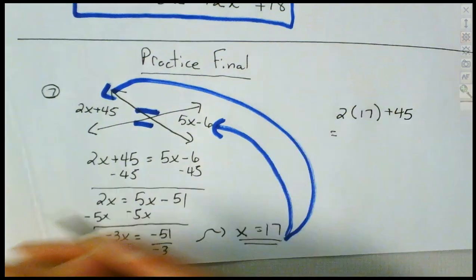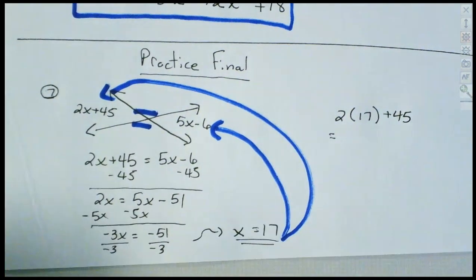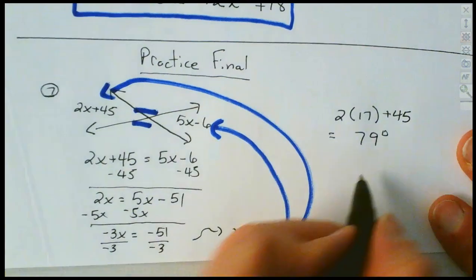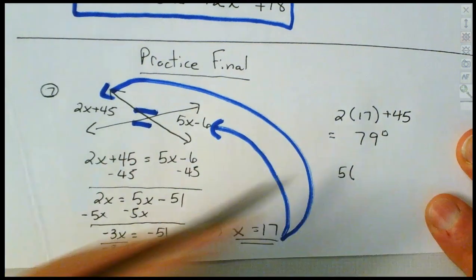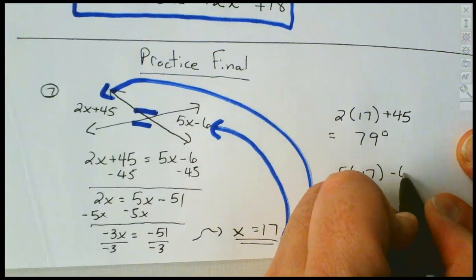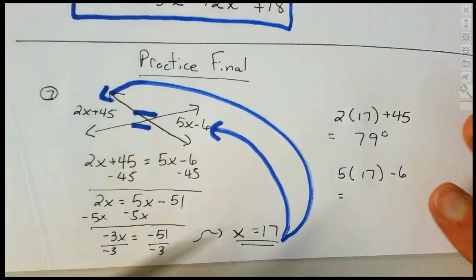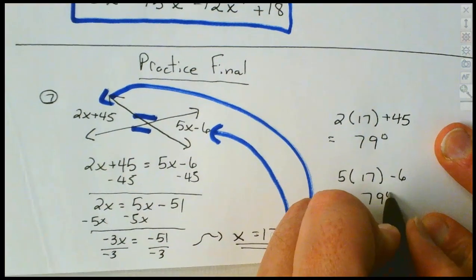And they should be the same. So now we've got our answer, which is going to be 2 times 17, plus that 45, that's 79 degrees. What's the other one going to be? It should be the same thing, and it should give you that 79 degrees. So 5 times your 17 is 85, minus that 6, that gives you the same 79 degrees.